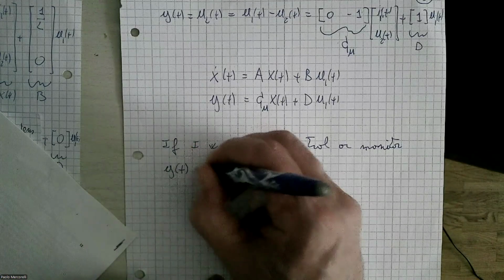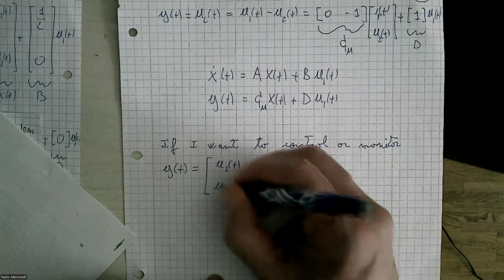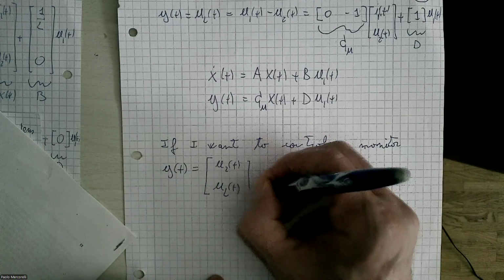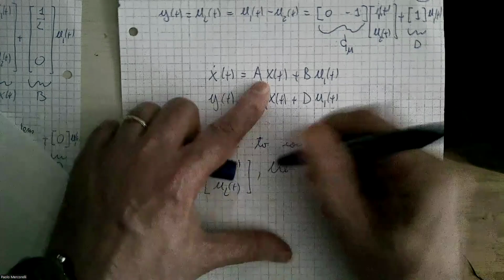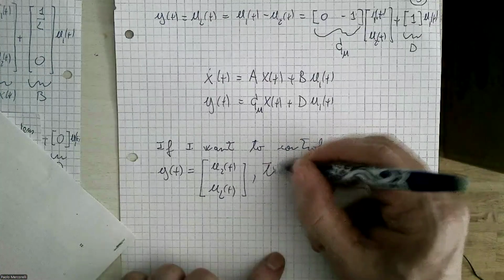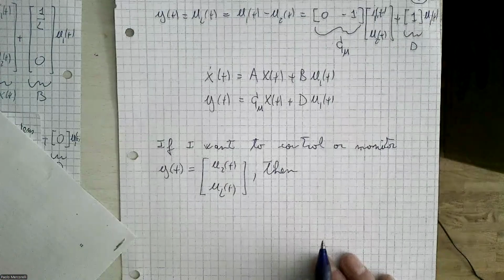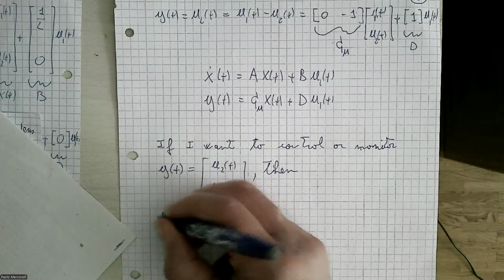Y equals U2 of t, UL of t. Of course, the control system is more complicated. Let me write for you.